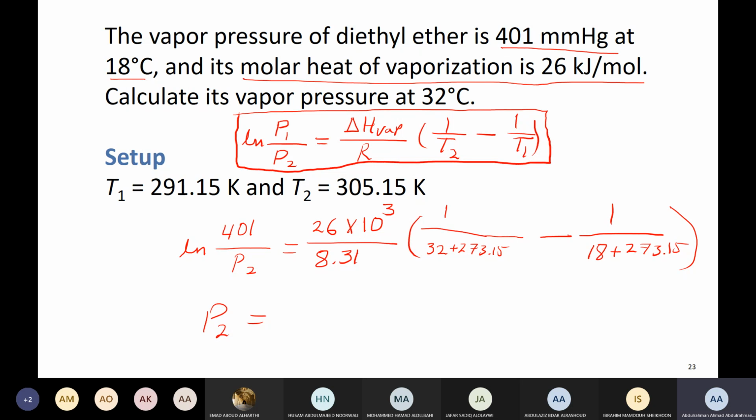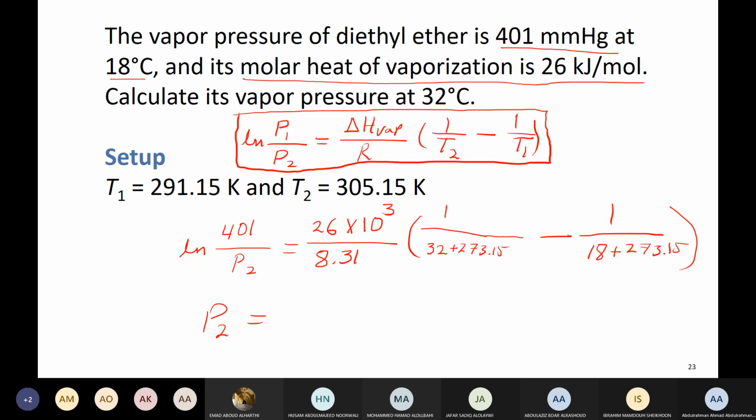P2 is 400? Yes. No, it's not true. It's not right. Redo it.